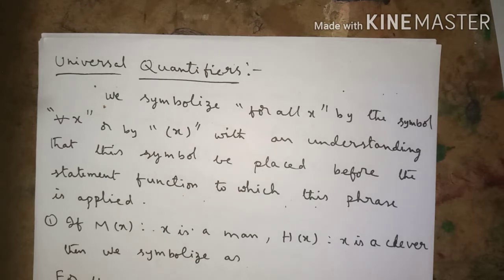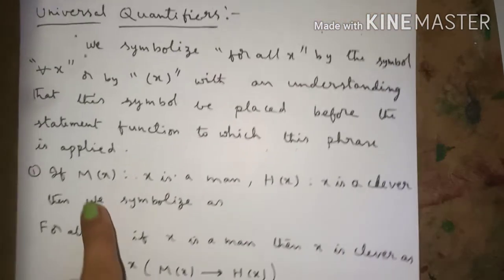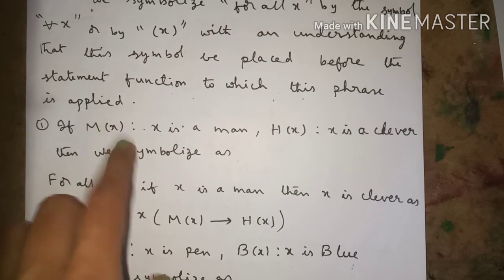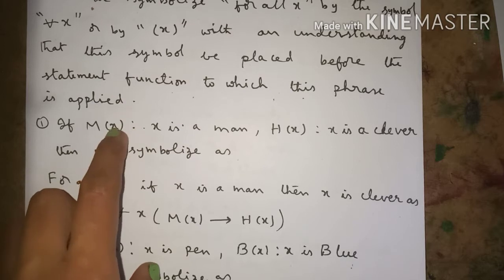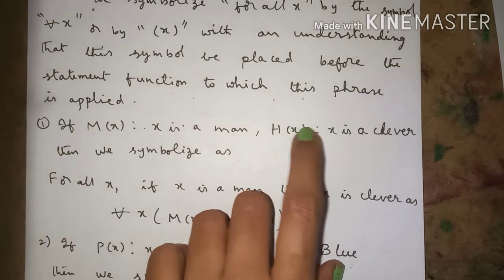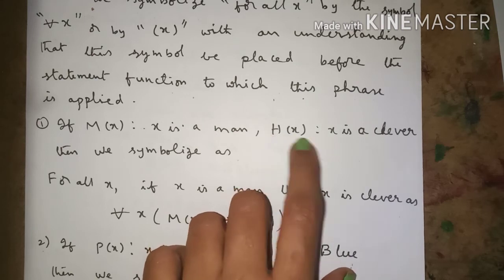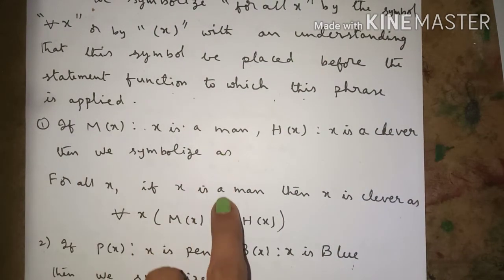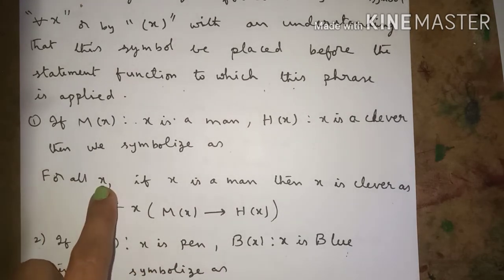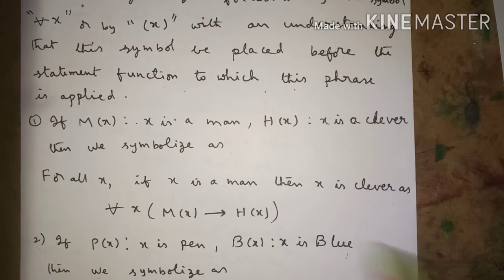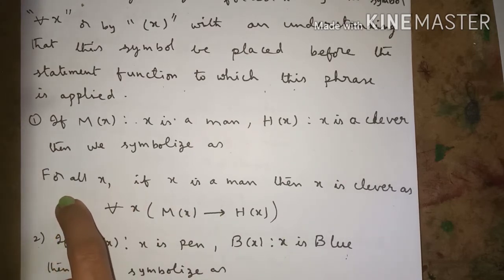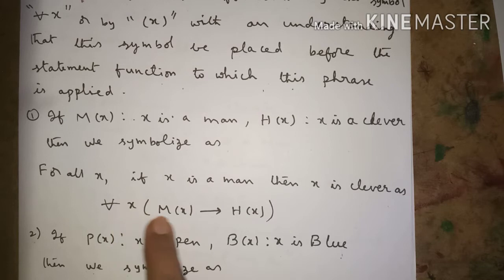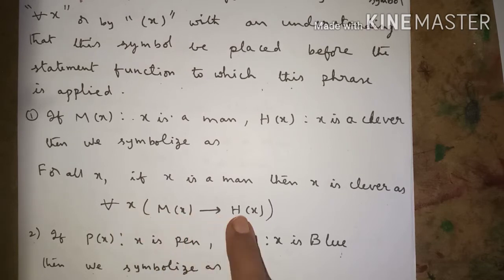Now I'll give you one example. If M of x is the predicate x is a man, and H of x is x is clever, then we symbolize: for all x, if x is a man then x is clever, as for all x, M of x implies H of x.